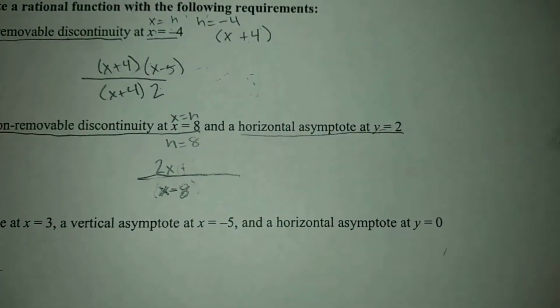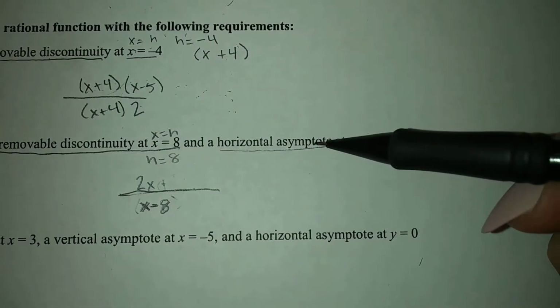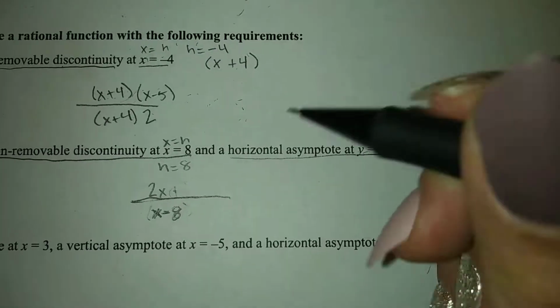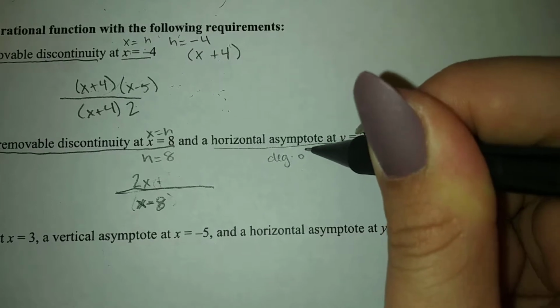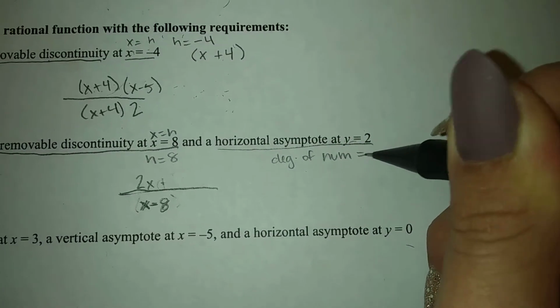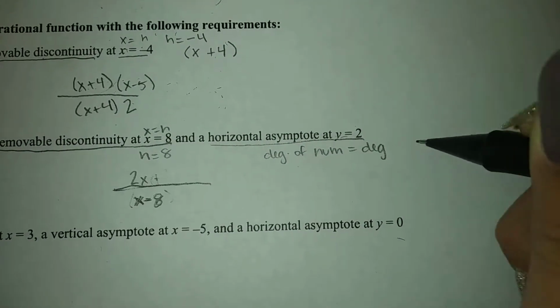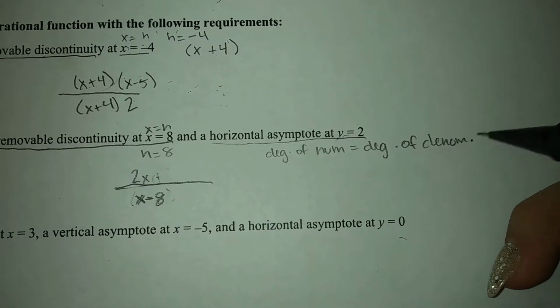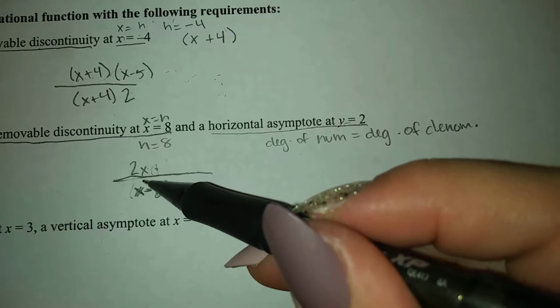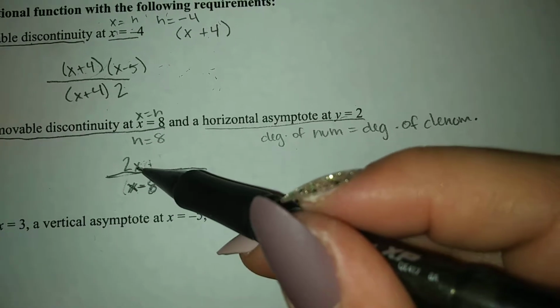All we know is that with a horizontal asymptote, the degree of the numerator has to equal the degree of the denominator. So my degrees are the same. I both have a degree of 1.